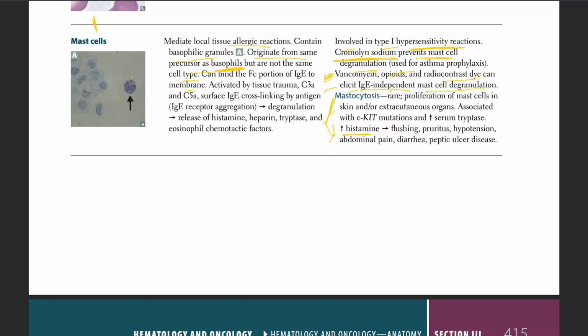A lot of histamine causes flushing, pruritus, hypotension, abdominal pain, diarrhea, peptic ulcer disease. Why is this occurring? It is because of the c-KIT mutation and increase in serum tryptase. Again, mastocytosis is proliferation of the mast cells, wherever they are, associated with this mutation and increase in serum tryptase, which causes all of this. So that's for the mast cells.